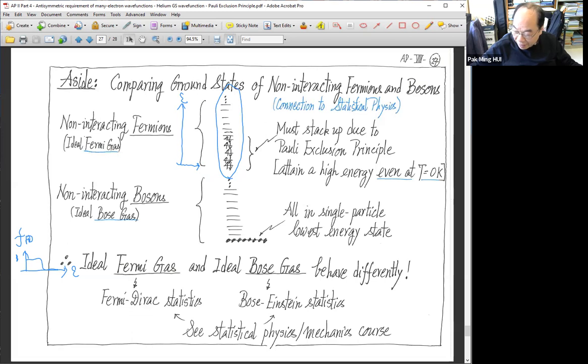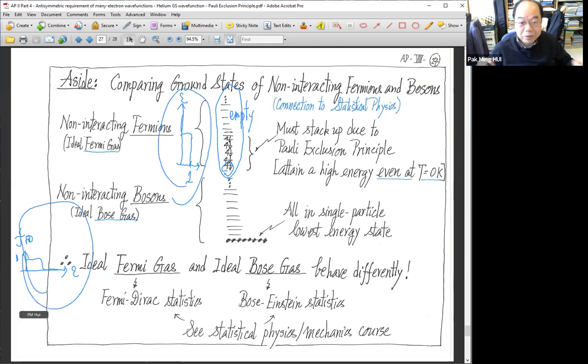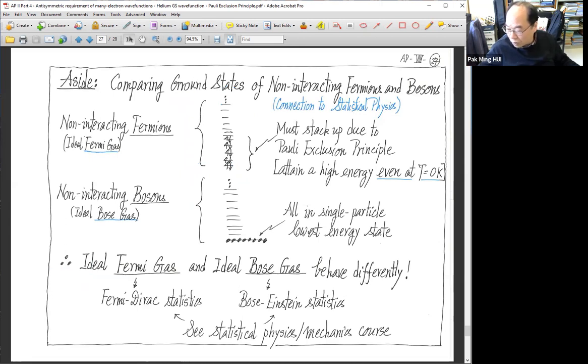So here, it is 1 because they are filled. And then up to this, it is 0 because these are empty. Do you see that this is the Fermi-Dirac distribution? That is something that you will learn in Professor Gore's course in a while.